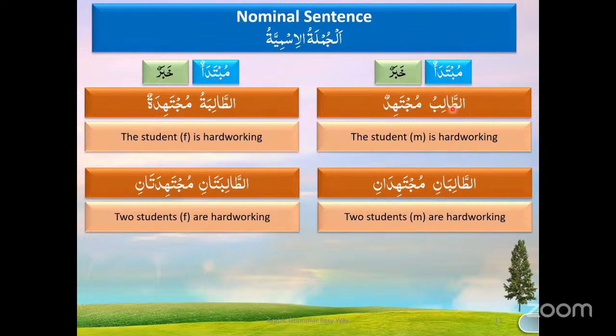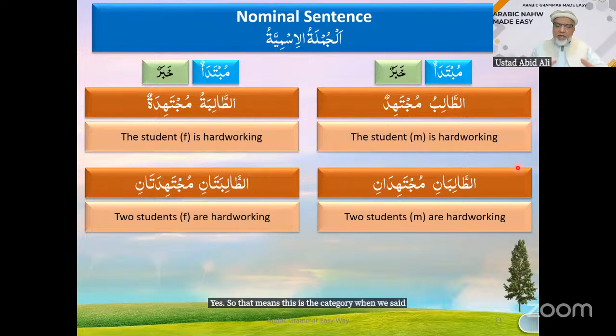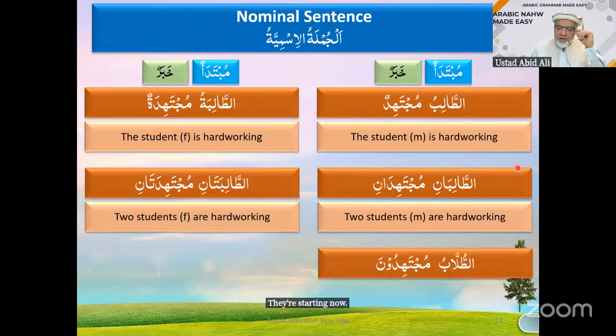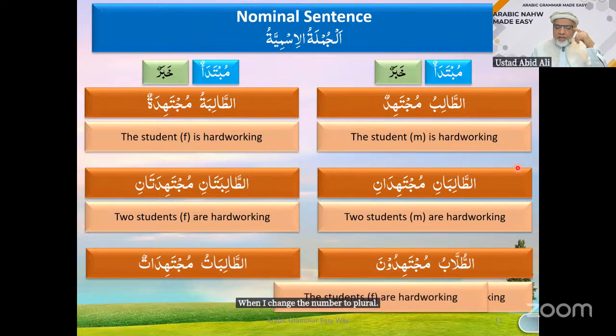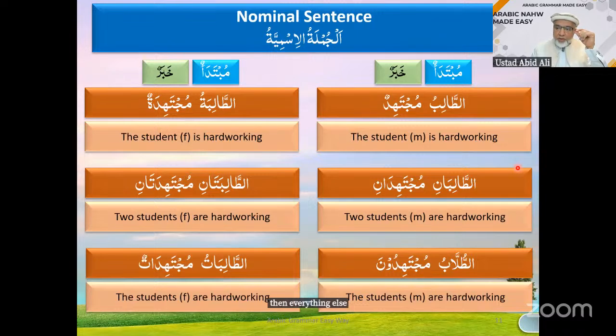Yes. So that means this is the category where, by making the noun definite, you can have it as a mubtada. Mubtada means the starting noun. When I change the number to plural, then everything else also changes into plural. So the number and the gender have to follow each other. So far, this has been a review.